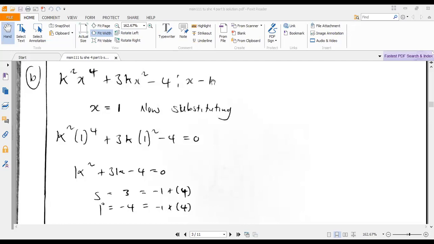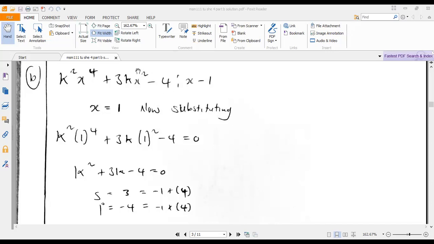So we know that when we equate this to 0, we solve for x, right? When we're finding factors, always keep in mind that a factor is something that will give you a 0 when you substitute.